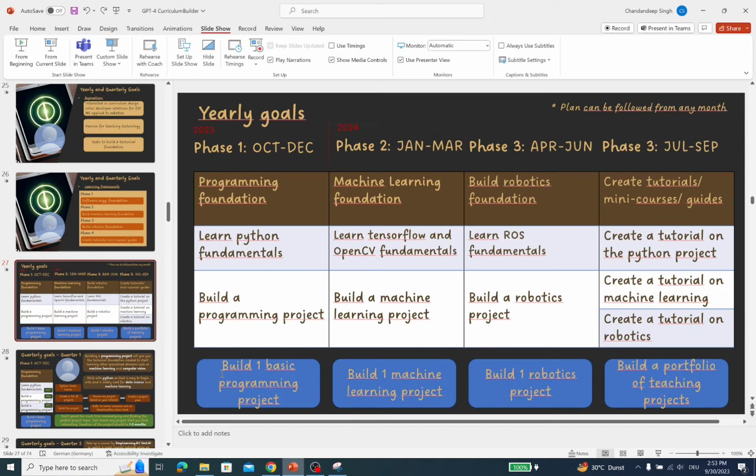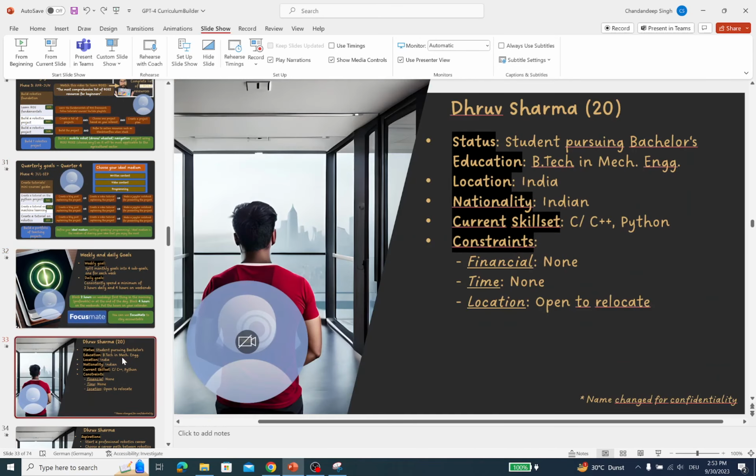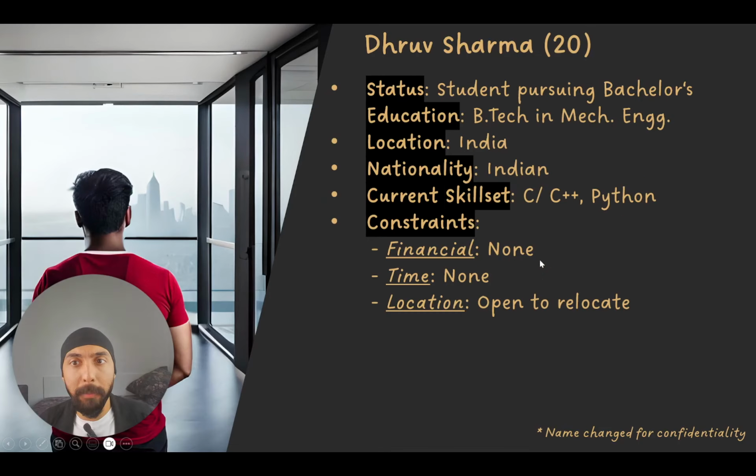Okay, let's look at another case study now, which is that of Dhruv Sharma, who is a student pursuing his bachelor's in mechanical engineering. He knows C, C++, Python, and he has no financial constraints, none at all, and he's open to relocate.